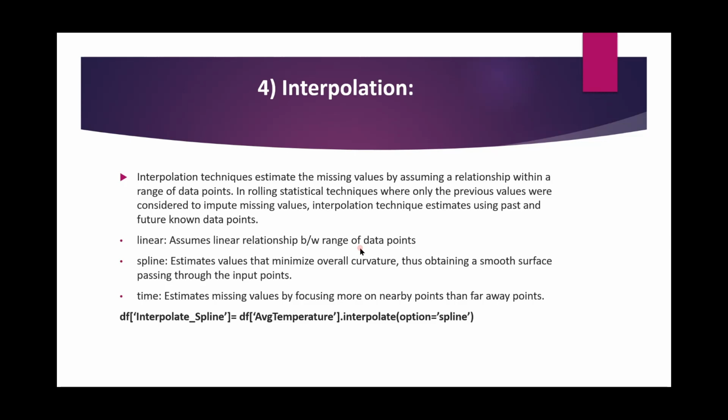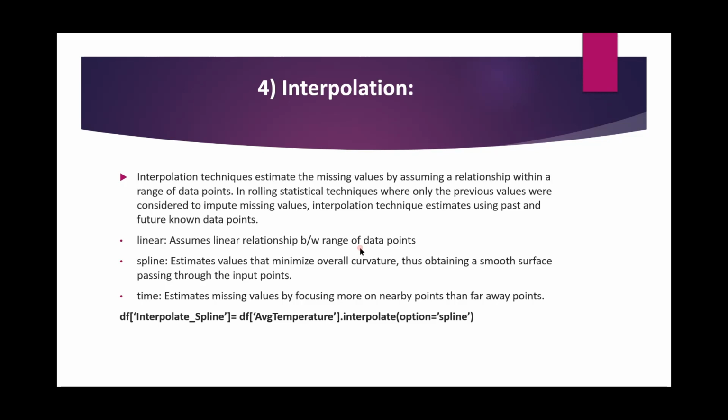Spline estimates values that minimize overall curvature. It obtains a smooth surface passing through the input points. Sometimes it can be zigzag lines too. Here you will take 2 different points to get some effective result.